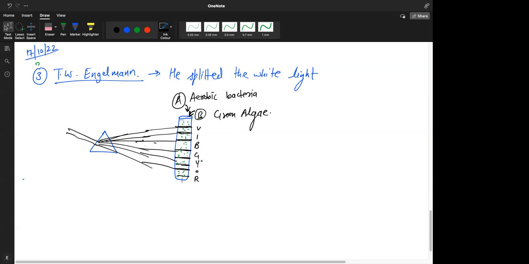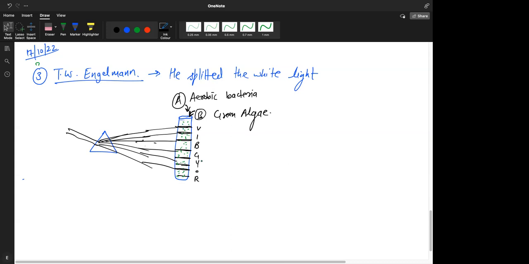Then all the components of white light are necessary for photosynthesis. Yes, perfect. But instead what they figured out is that not all the components are equally important for photosynthesis. Some regions of white light are more important for photosynthesis.